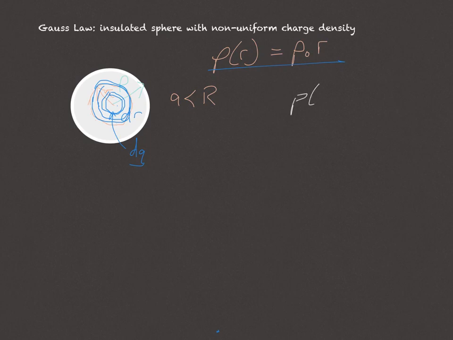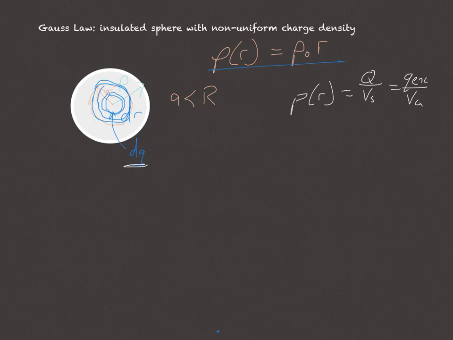So rho as a function of r is going to be equal to the total charge over the total volume of the sphere, which will also be proportional to the charge enclosed over the volume of the Gaussian surface. Now, the total charge enclosed is going to be the sum of all the little dq shells.